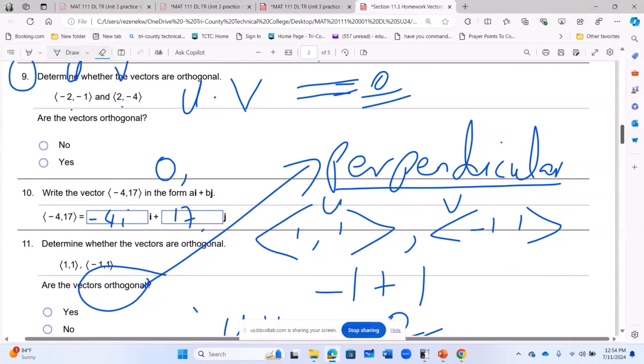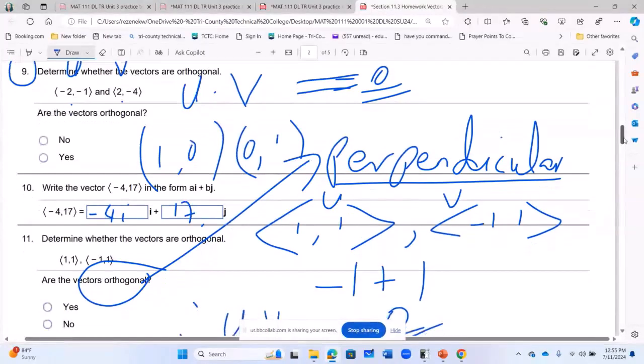If the modulus or the absolute value of a vector comes up to 1, then it is a unit vector. The simplest unit vectors are (1, 0) and (0, 1). Their modulus, their magnitude, is 1.